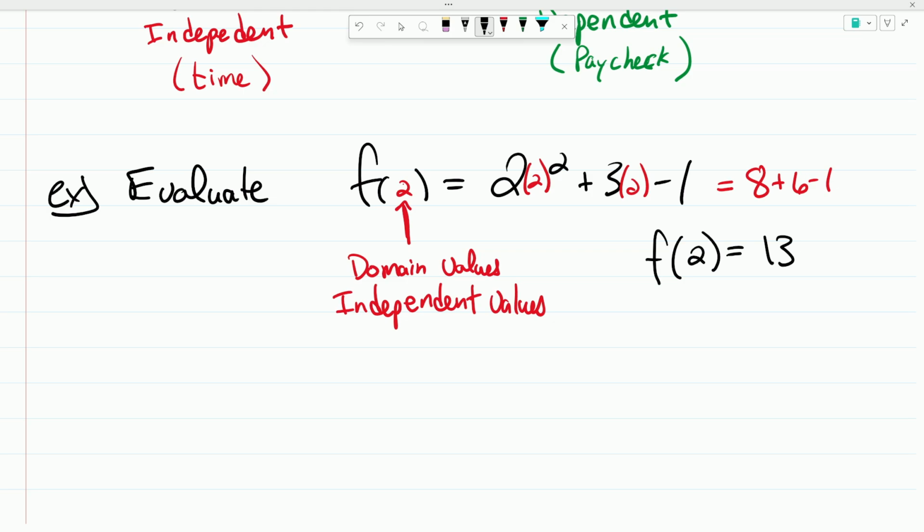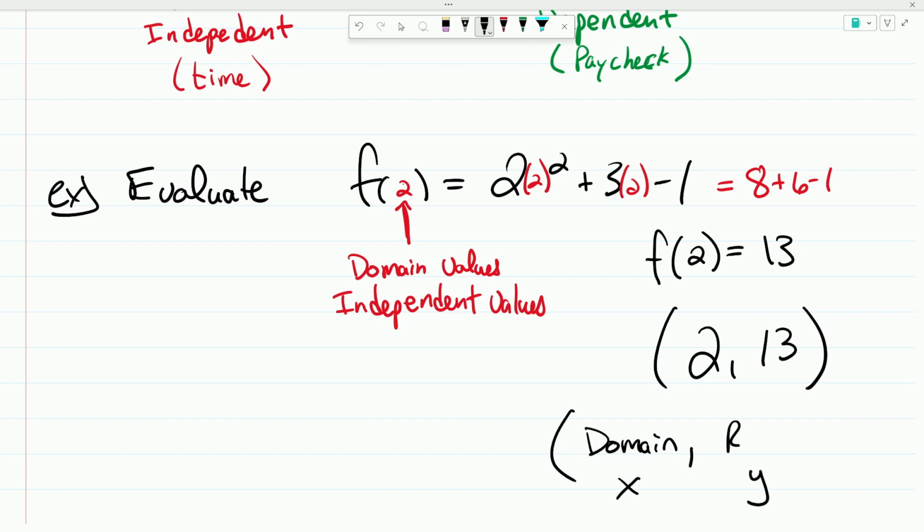All right. Here's what is actually happening now. This would be the scenario like if you walked up to me and you said, hey, the independent value is 2, then I would look back at you and say the dependent value is 13. In other words, what we just found is the ordered pair 2, 13. Yes, these are ordered pairs that you can graph. So remember that x component is going to be your domain. That y component is going to be your range.